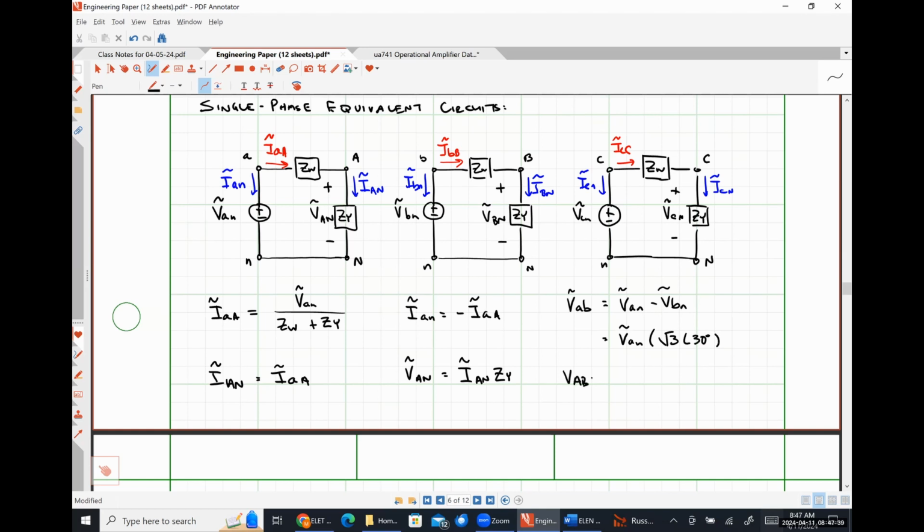Similarly, VAB on the load side is literally nothing more than capital VAN minus capital VBN, which comes out to be capital VAN, or excuse me, root 3 angle 30 degrees. So now we have a mathematical expression for literally every possible quantity that I could ask you about in a YY system.